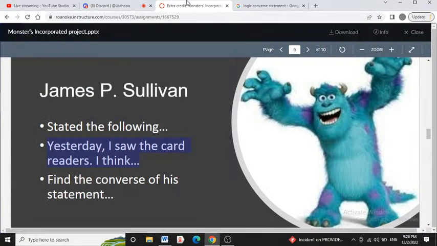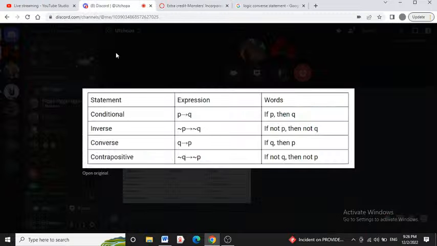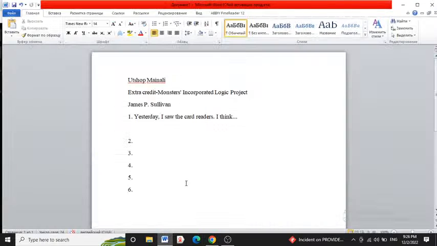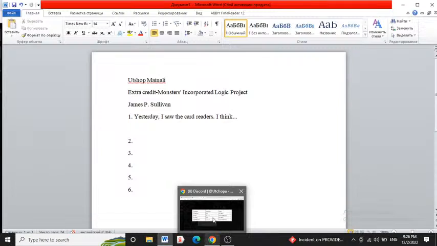It's kind of like a function, or like programming. They explain what the programming is, but you have to rewrite that so-called programming language, if that makes any sense. In this case, it's logic programming. So: yesterday I saw the card readers, I think.